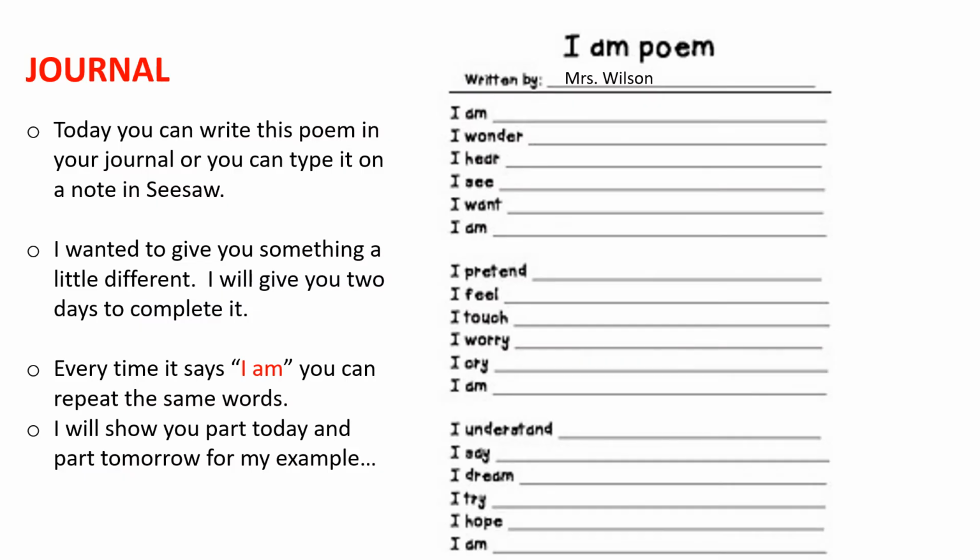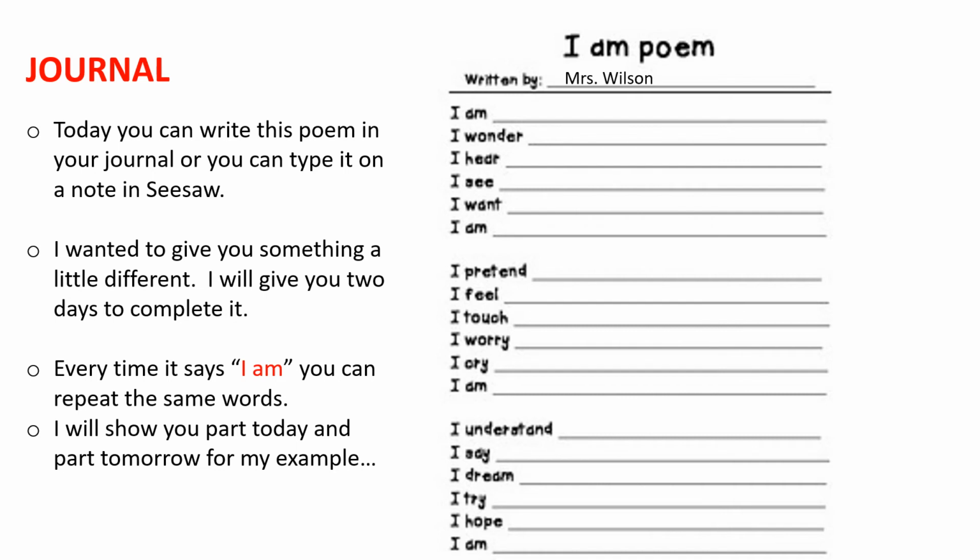Today I thought I'm going to throw in a different type of writing. This is called an I am poem. And you can either copy what I have and put it in your journal, or write it on one of the notes in Seesaw. Copy the words that are already there and then you fill in the blanks.